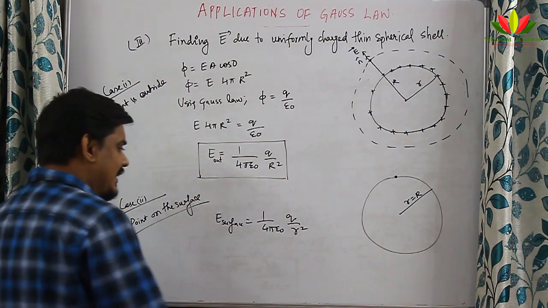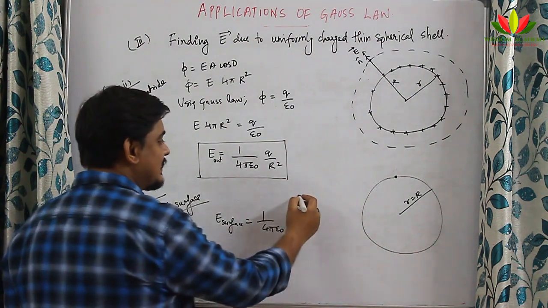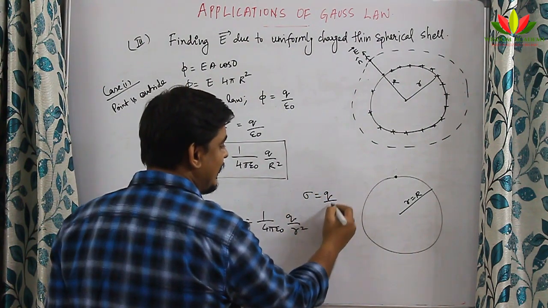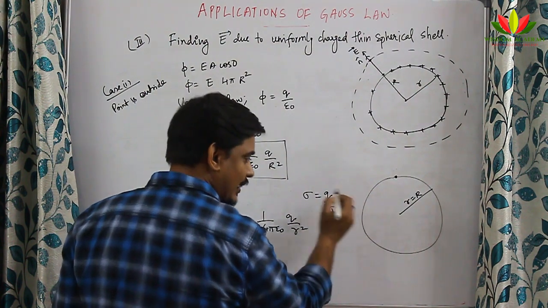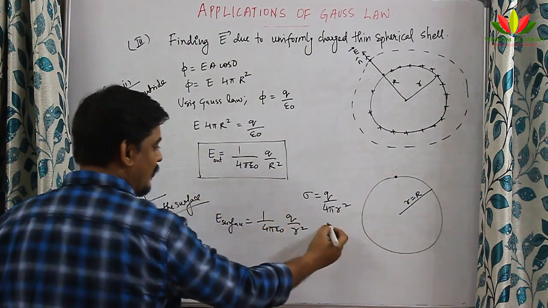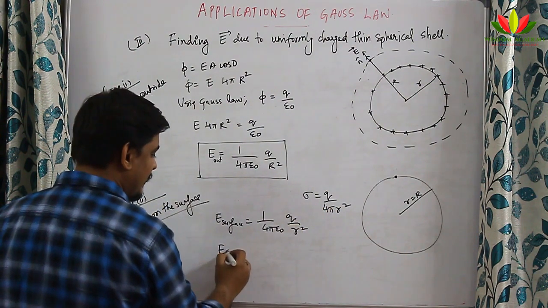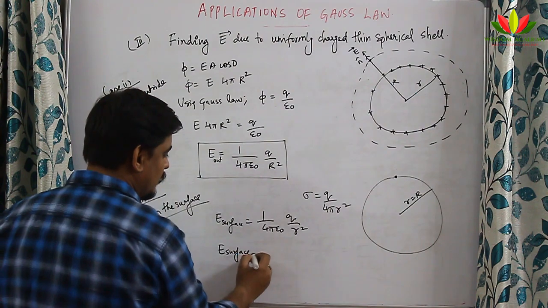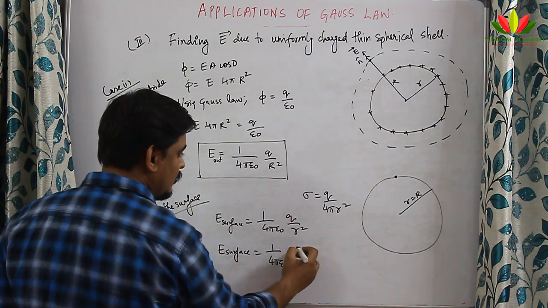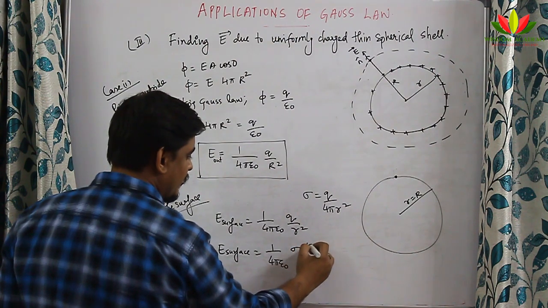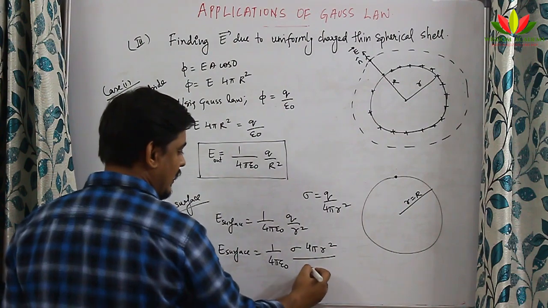Also, I know that by the formula of surface charge density, sigma is equal to Q by A. So here area is 4 pi r square. So I can substitute Q from here. Q will be equal to sigma into 4 pi r square. If I substitute here, I will get E at surface equal to 1 by 4 pi epsilon naught into sigma into 4 pi r square divided by r square.